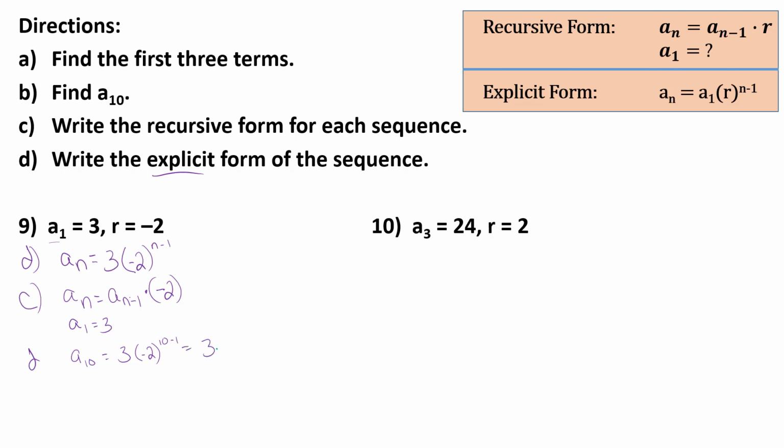Well, that's going to give me 3 times negative 2 raised to the 9th power. You know, negative 2 to the 9th power is negative 512, which is still getting multiplied by 3. And so ultimately we end up with a sub 10 being negative 1,536.